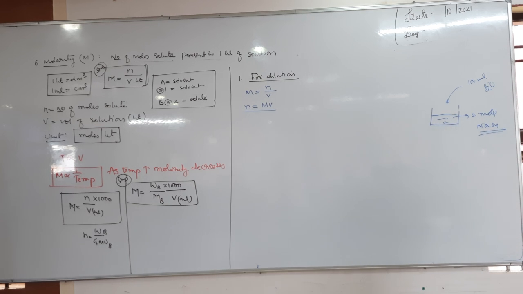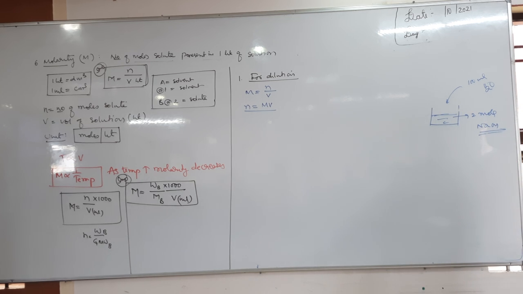What is dilution? Adding water to a concentrated solution. When we add water to any concentrated solution, the number of moles of solute does not change. It remains constant. So when there are 2 moles, after adding water also 2 moles. When there are 10 moles, after adding even 1000 liters, also 10 moles.